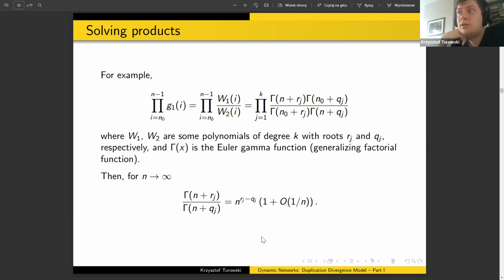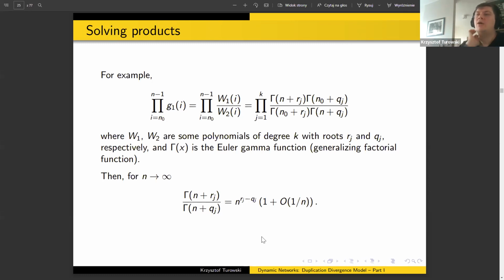So W1 is responsible for this left part: gamma of n plus rj divided by gamma of n0 plus rj, and similarly for W2.